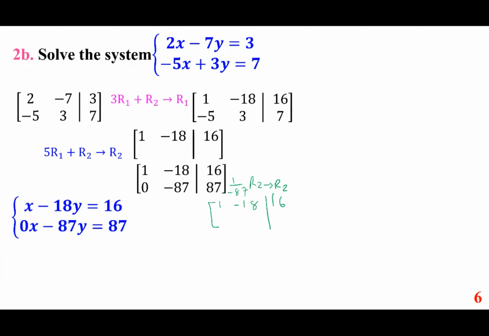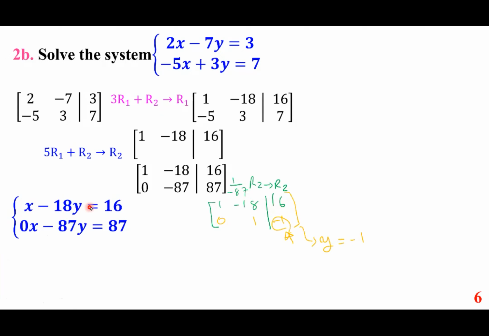So now the new row will be 0, 1, and -1. And right away, this is the solution for y. So right away, this gives you y equals -1. And you can put that into the very first equation, x minus 18y equals 16, and you find the x. That's the concept of a row echelon form.